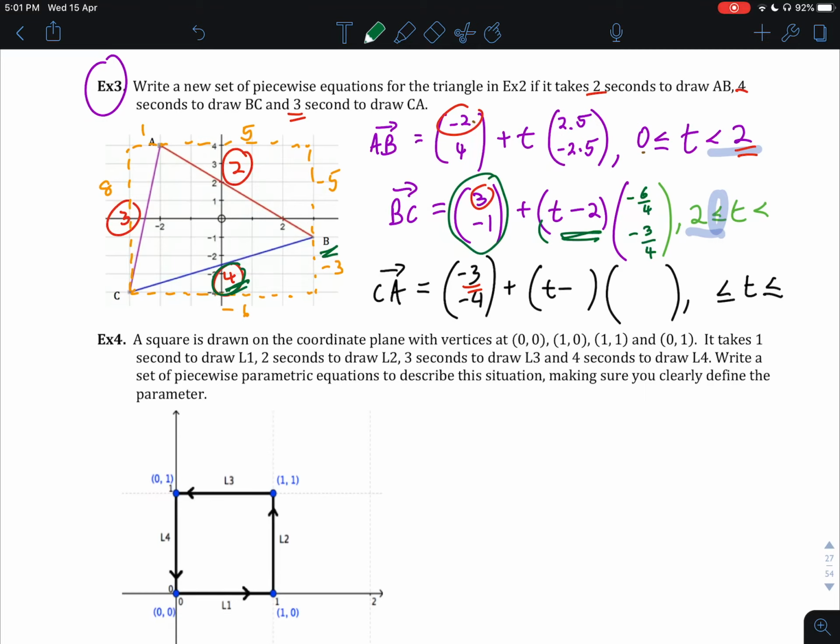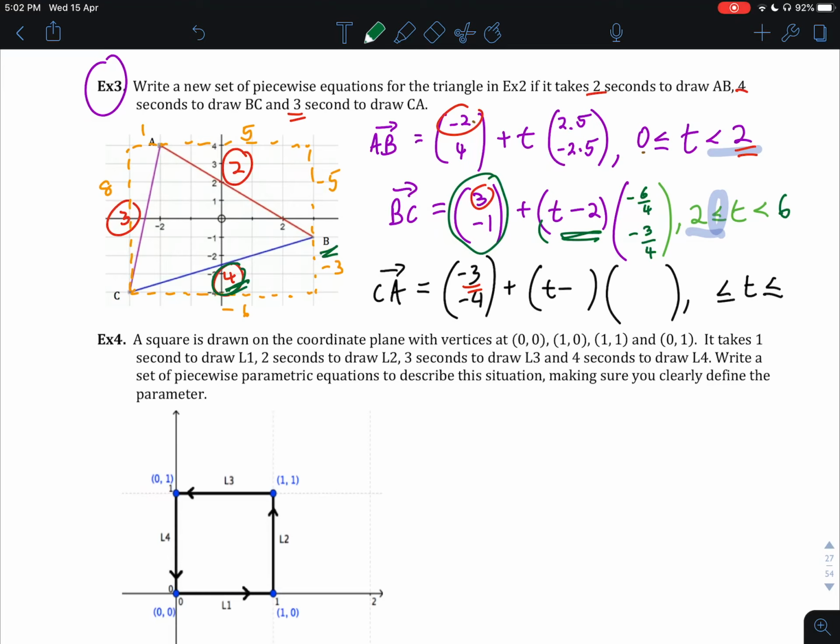And of course, the second impact on this is that since it's taking 4 seconds to draw this side, my domain now changes to starting the drawing of side BC at 2 seconds and finishing at time getting infinitely close to 6 seconds.